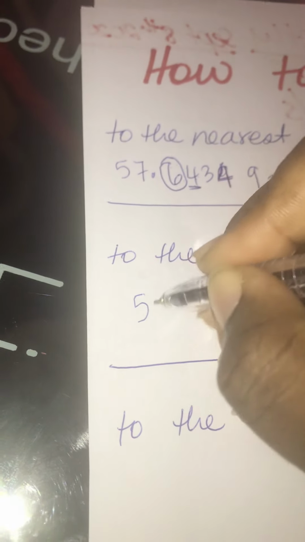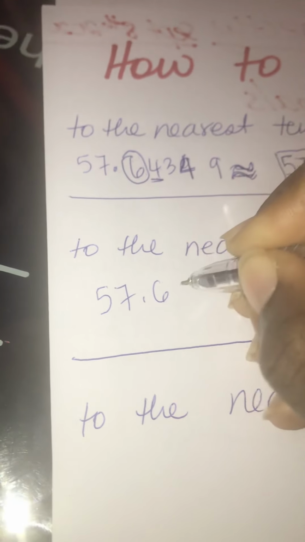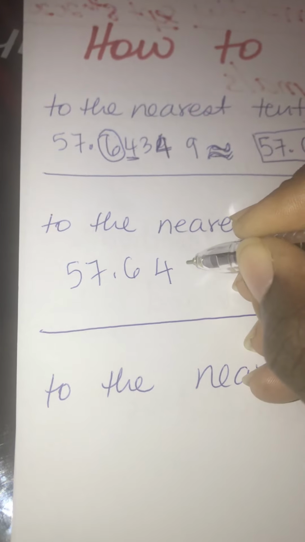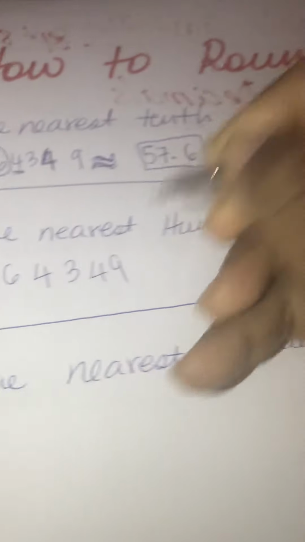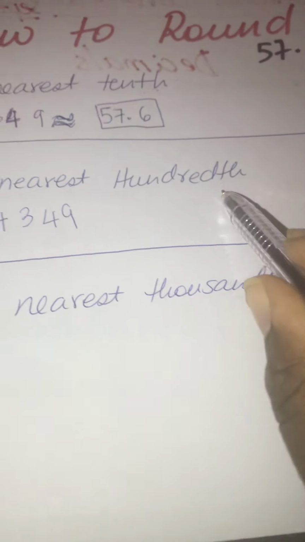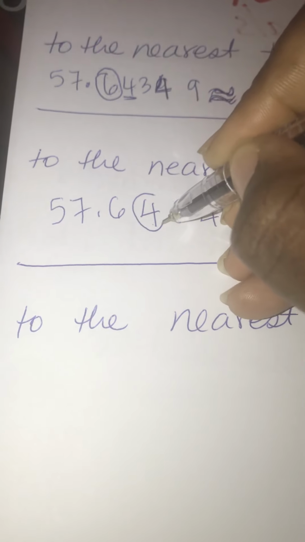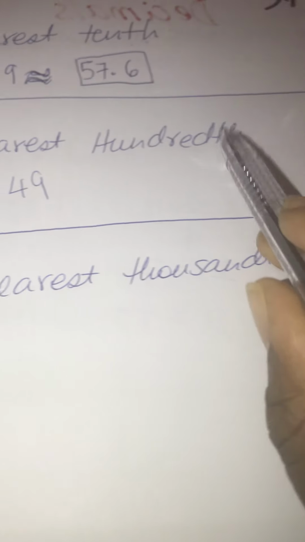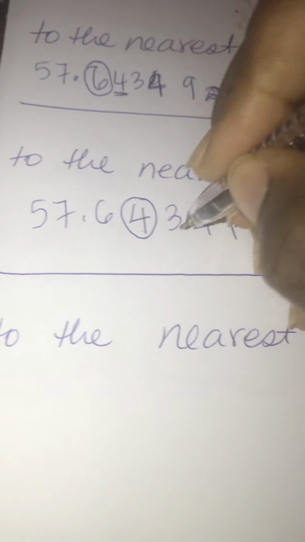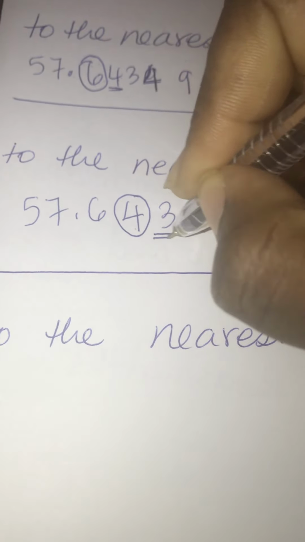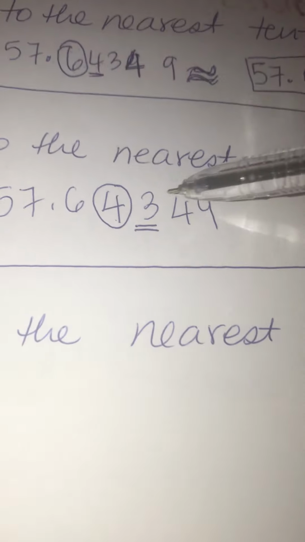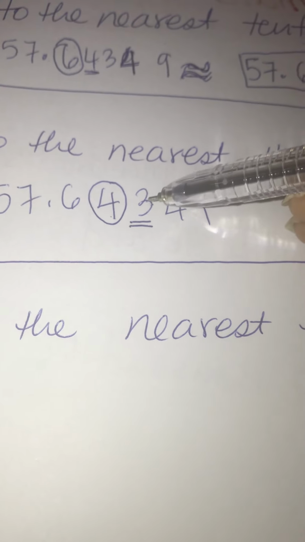Okay? All right, let's do to the nearest hundredth. So you have, round this question to the nearest hundredth. Hundredth is 2 digits after the decimal. So I always circle the place value of the question. I underline the digit right after the circle. I ask myself, is this digit 5 or more?